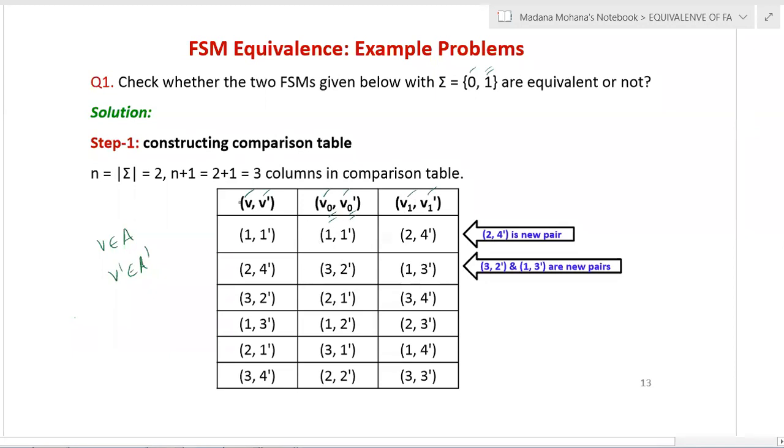Now, how do we proceed? In the first row, row 1, you take the initial states of both machines, A and A'. What are the initial states? Those states you consider in column 1 of the first row.